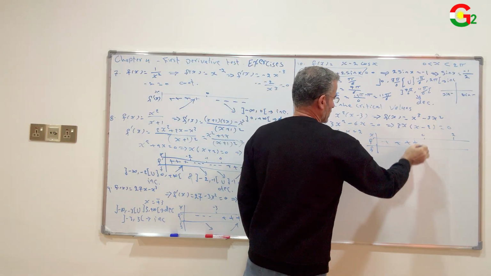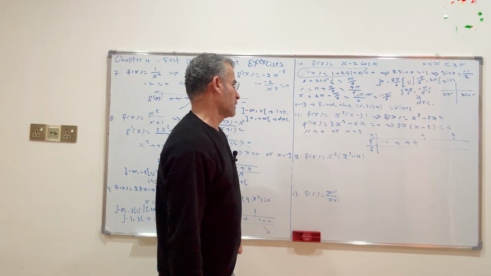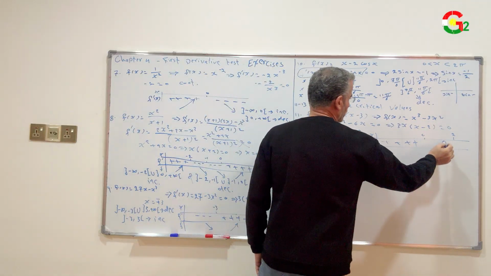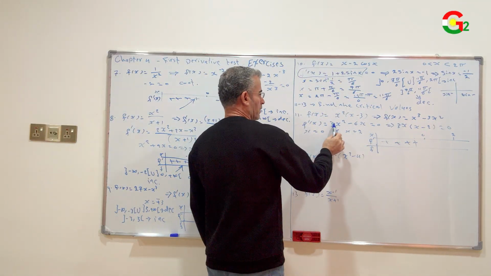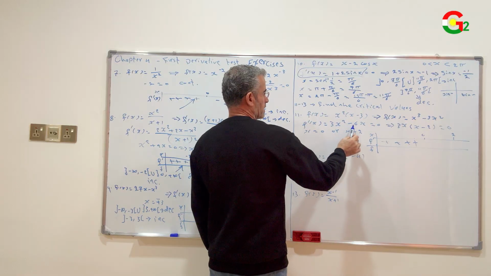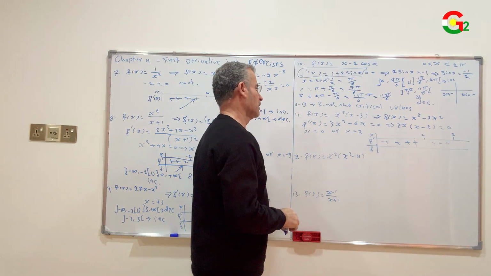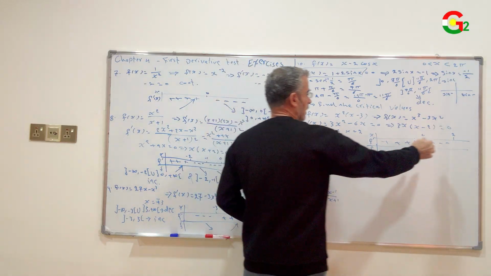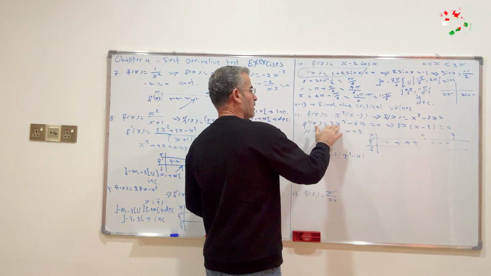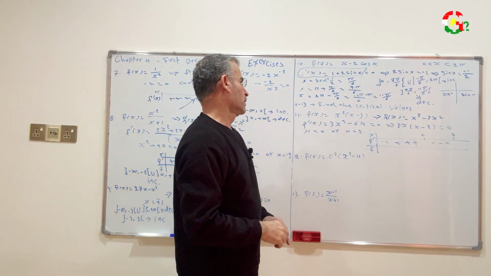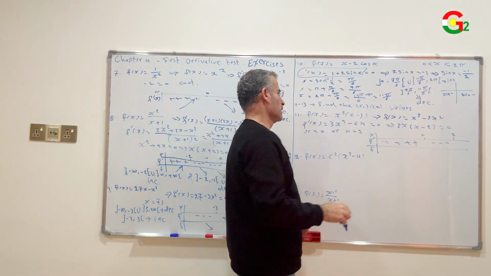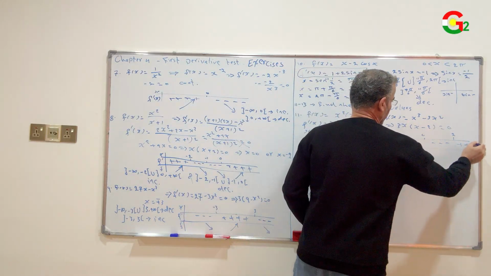Therefore, the sign of the derivative here is positive. Between 0 and 2, take 1: 3 times 1, 3, minus 6, minus 3. Then the value is negative. When x is greater than 2, take 3: 3 times 9, 27, minus 18, positive value.